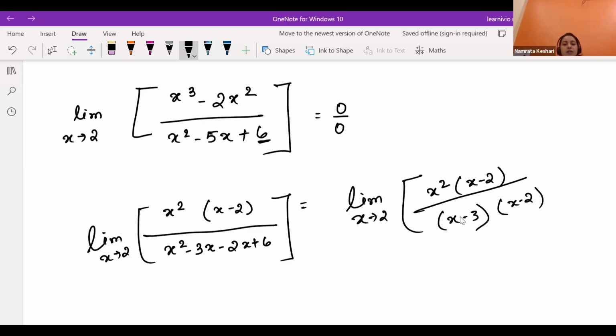Are you getting the same, Ali and Alina? Splitting the middle term is clear to both of you, right? Yes, ma'am.